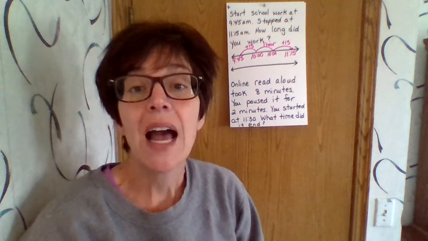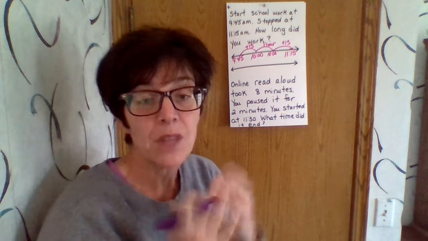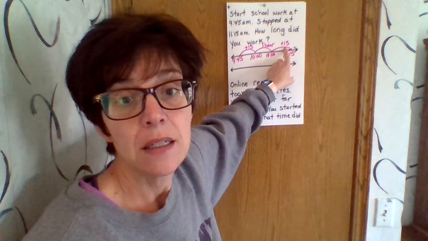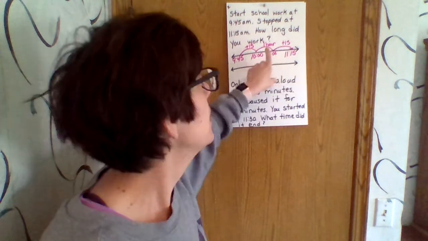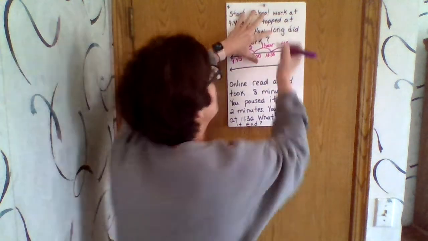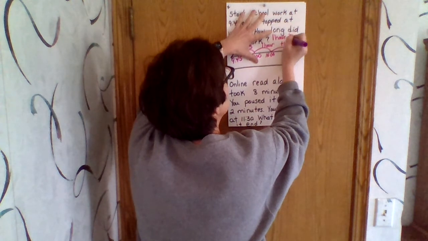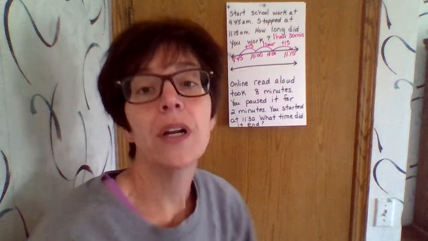I need to figure out how long all of those minutes and time are. So I have 15 minutes plus 15 minutes is 30 minutes plus an hour. So it took us 1 hour and 30 minutes.